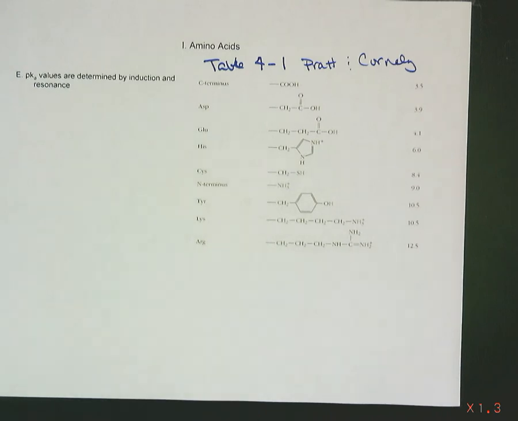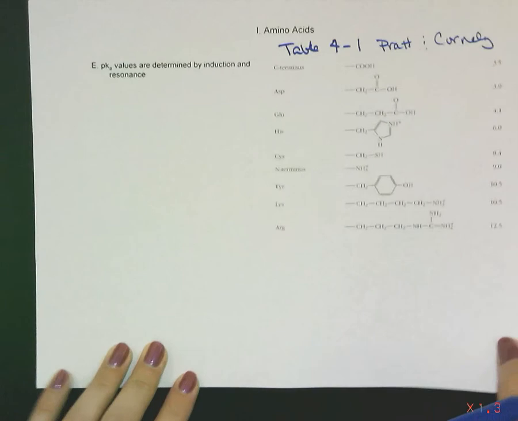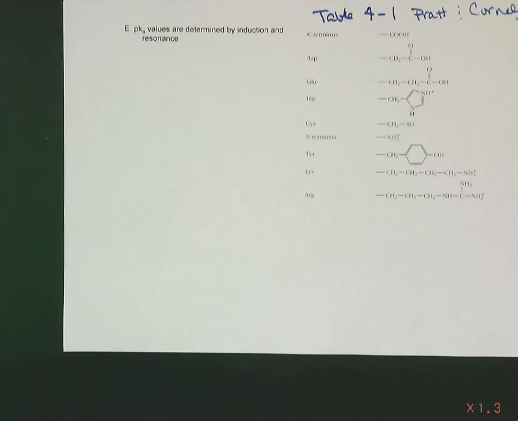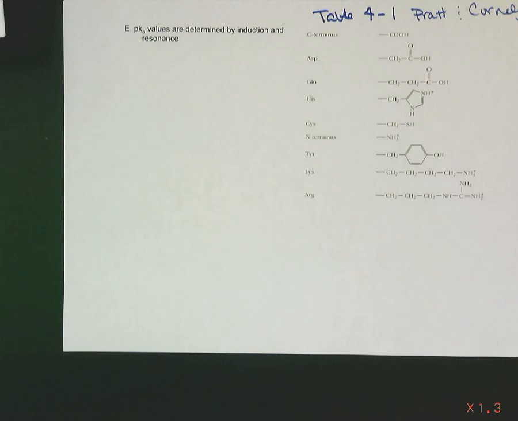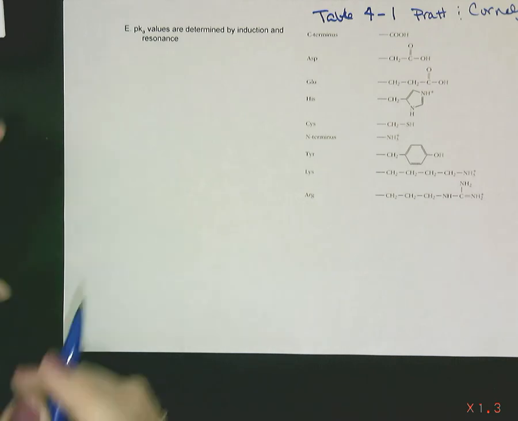So pKa values are determined by induction and resonance. Let me draw 2 different amino acids and we'll talk about how we can tell the pKa's of them, and then we'll do some practice problems.